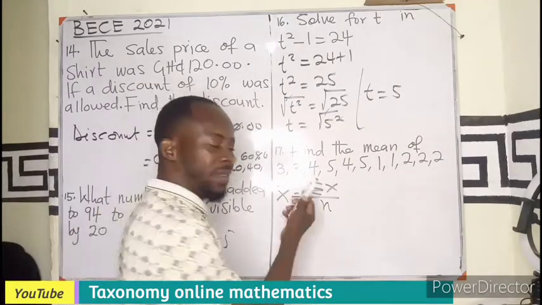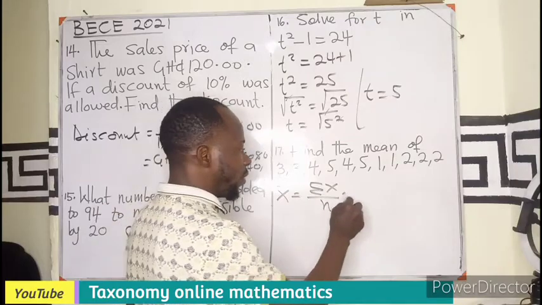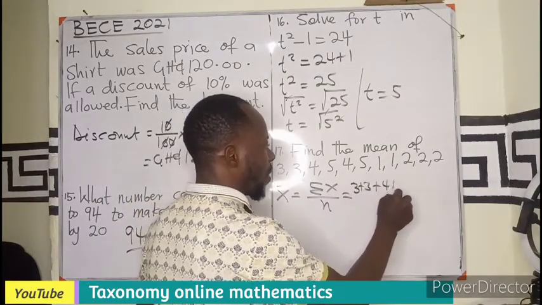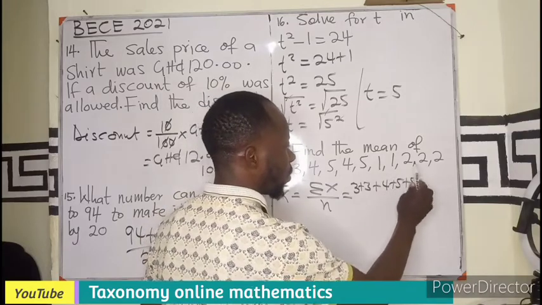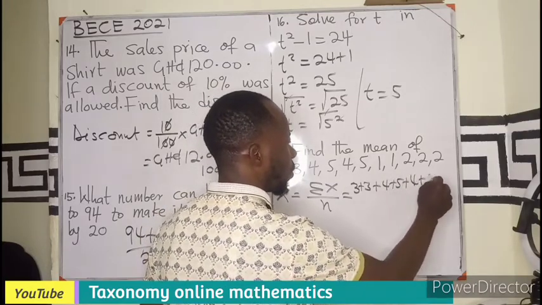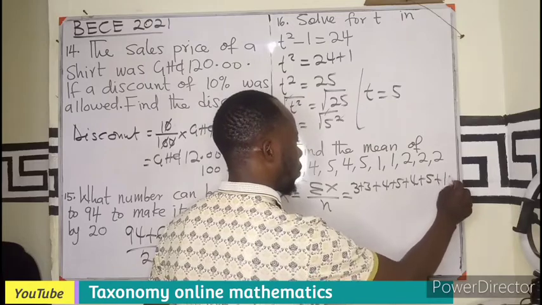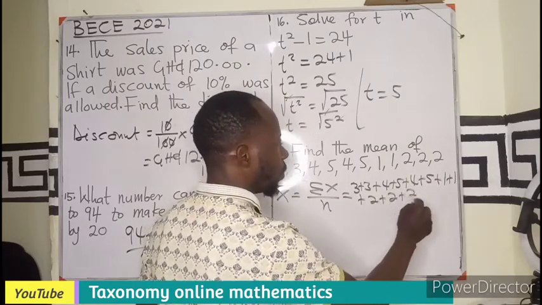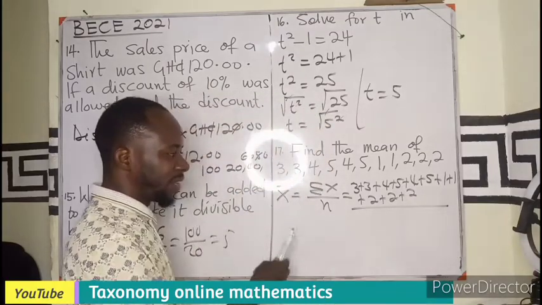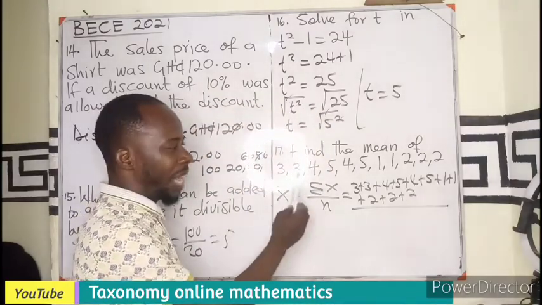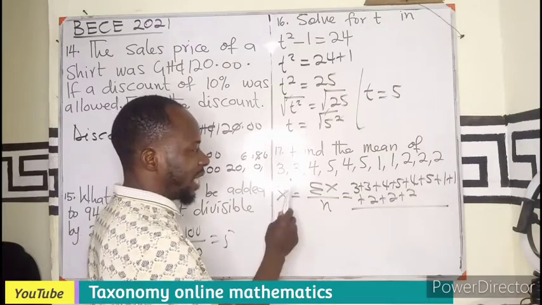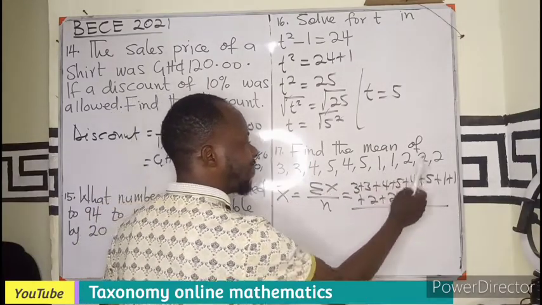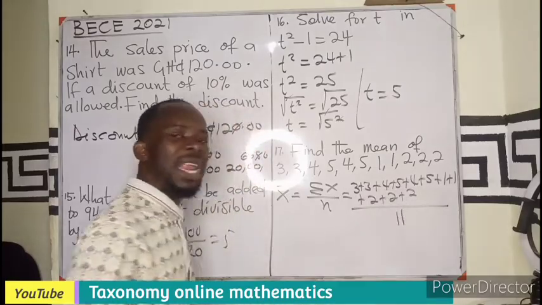If this were in section B, you would rearrange all this to be 3 plus 3, 4, and so on. As you add all these numbers, you divide by the number of terms. How many numbers are you adding? We can see 1, 2, 3, 4, 5, 6, 7, 8, 9, 10, 11. So we divide by 11.